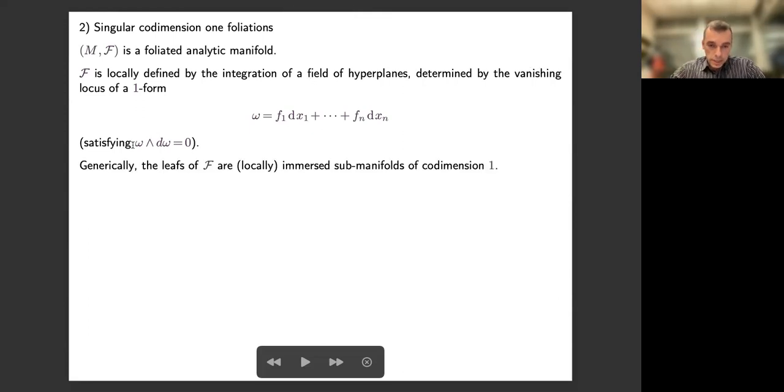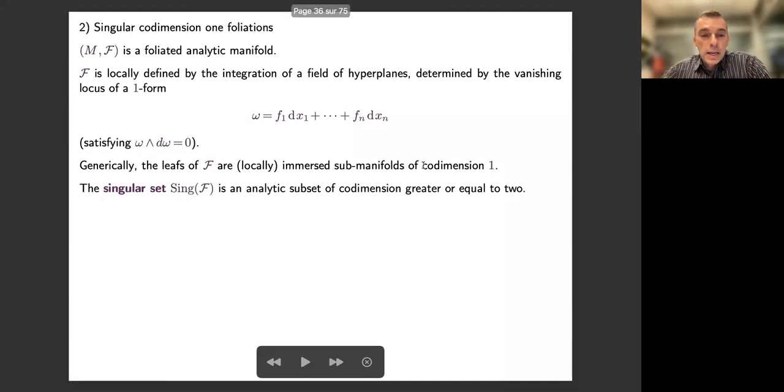So generically, as I said, the leaves are locally immersed as submanifolds of codimension 1. And we can say that the singular set is precisely the set where the leaves are not of the expected dimension.